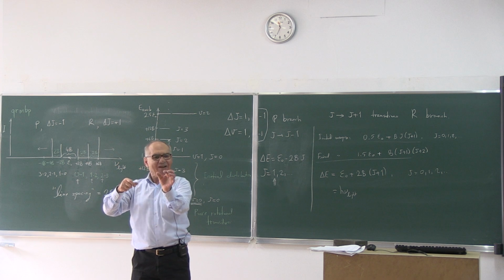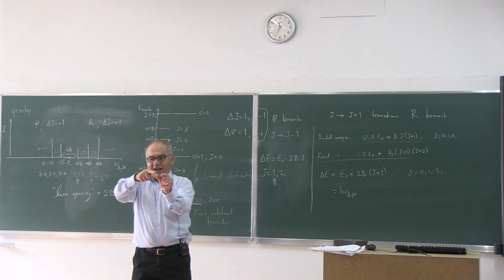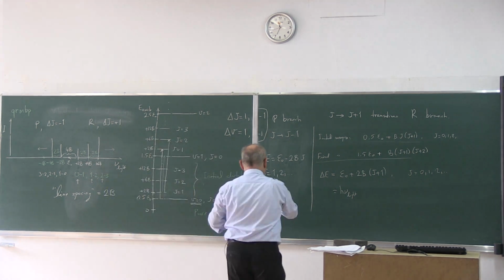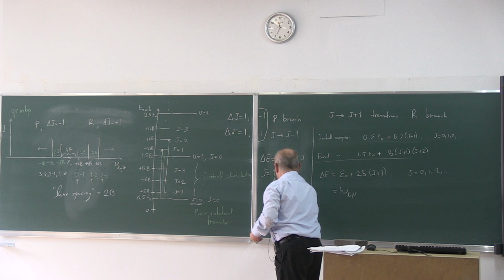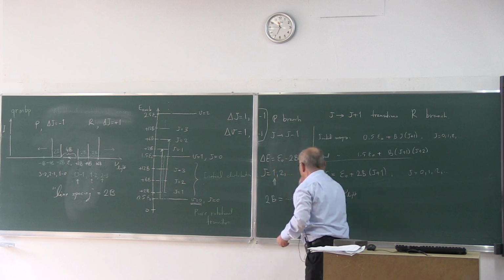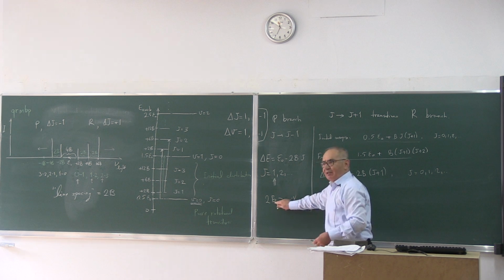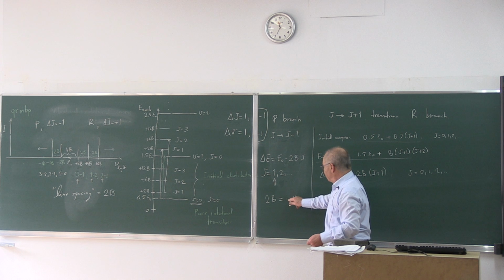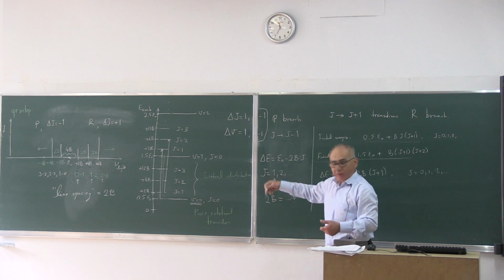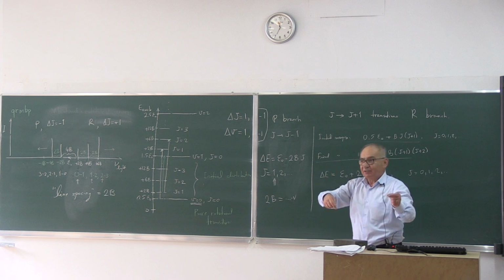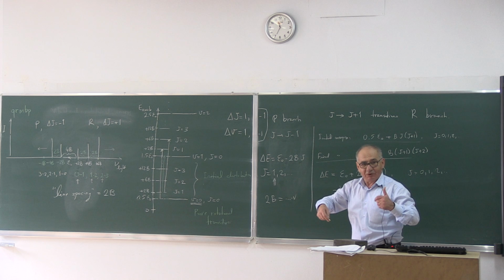Line spacing is nearly constant, so that you say it is equal to 2B. The actual value is obtained from experimental data. So you write 2B is some number obtained from experiment. Because this number is known, you can obtain the value of B. B is equal to this value divided by 2. This number is obtained experimentally. So this way, experimental determination of the rotational constant is obtained.